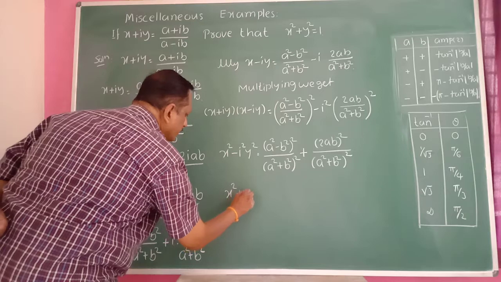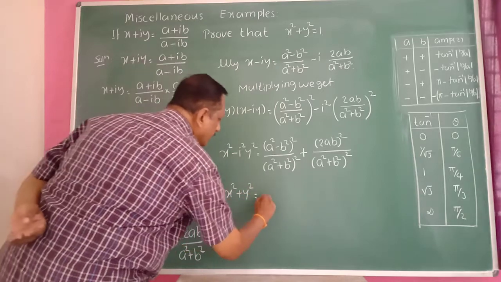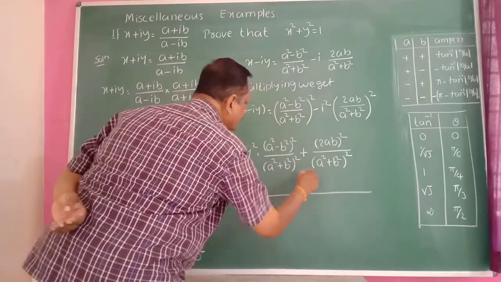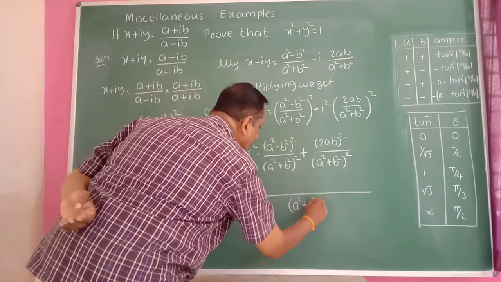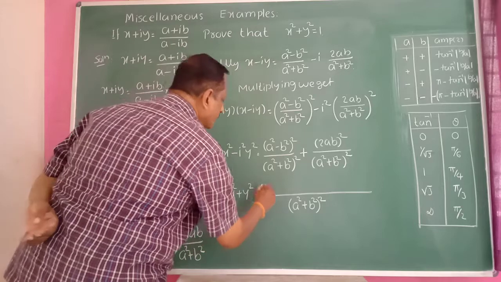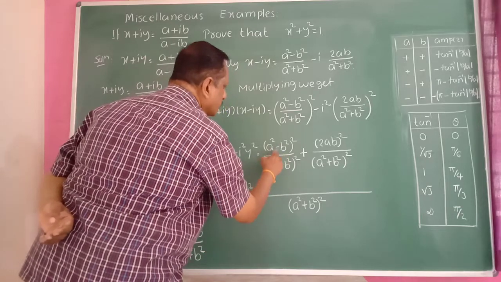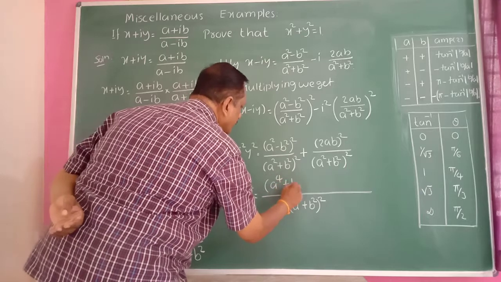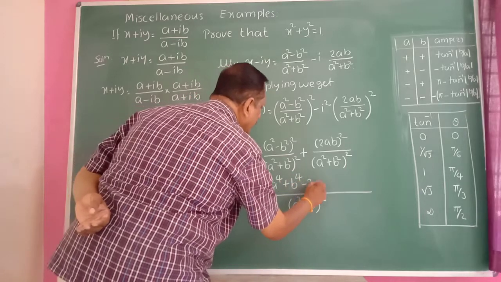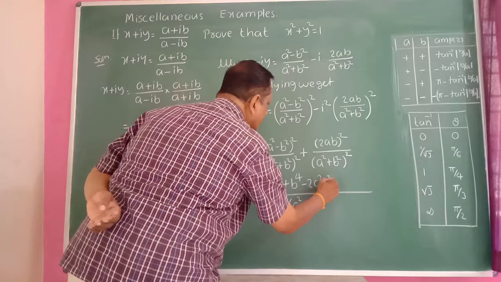x square plus y square. Here the LCM is a square plus b square whole square. Then exponent here. a square minus b square whole square is a raised to 4 plus b raised to 4 minus 2 a square b square.